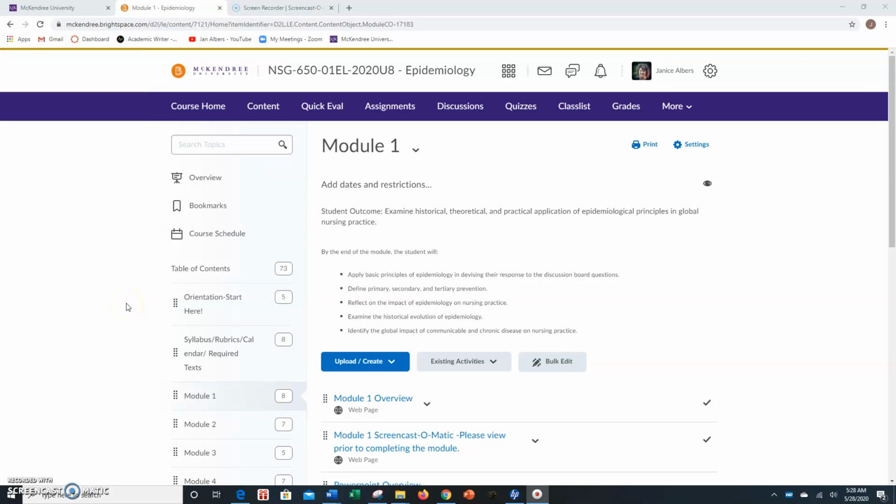When we get started with our modules, you'll find that we will have our student outcomes. So we're really looking at those baseline fundamental factors of epidemiological principles, and we are going to dive into some of those very basic epidemiological principles and really dive into that in our discussion boards, as well as looking at those key elements of primary, secondary, and tertiary prevention, looking at how nursing really encapsulates epidemiology, and looking at that evolution of epi, as we're looking also at the global impact of communicable disease.